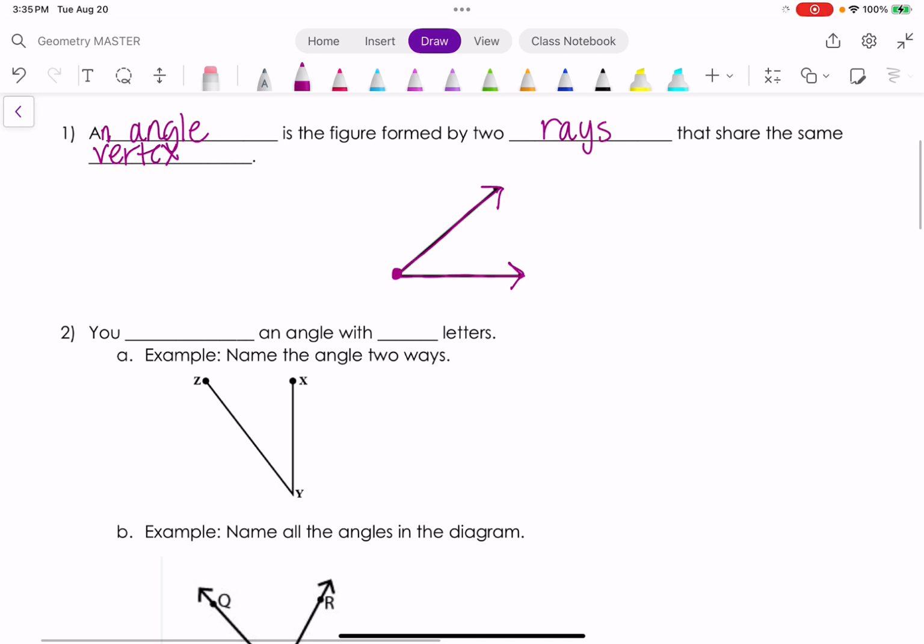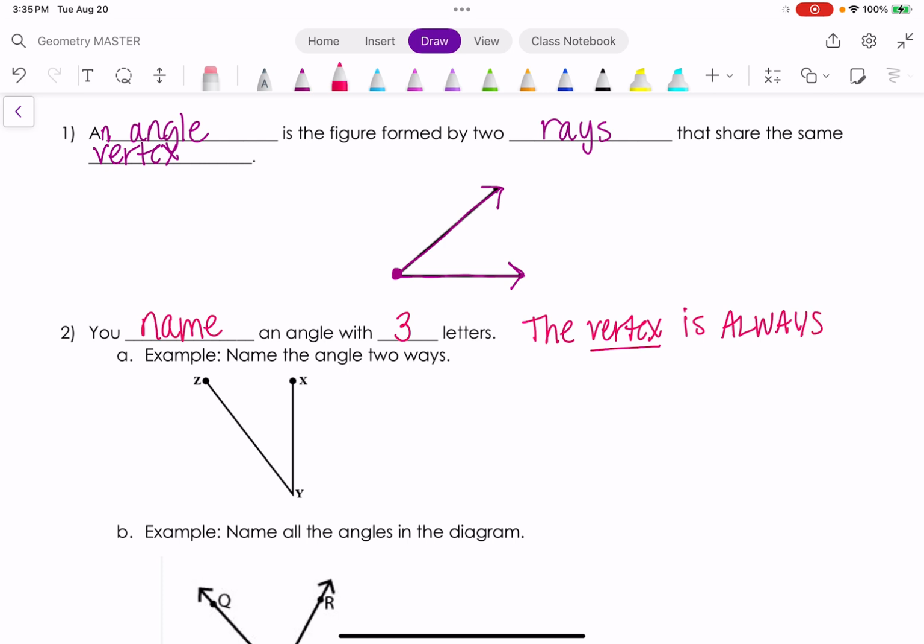You name an angle with 3 letters. So you can actually name it 2 ways, but the important part is that the vertex is always, and this isn't always in life, the middle letter.